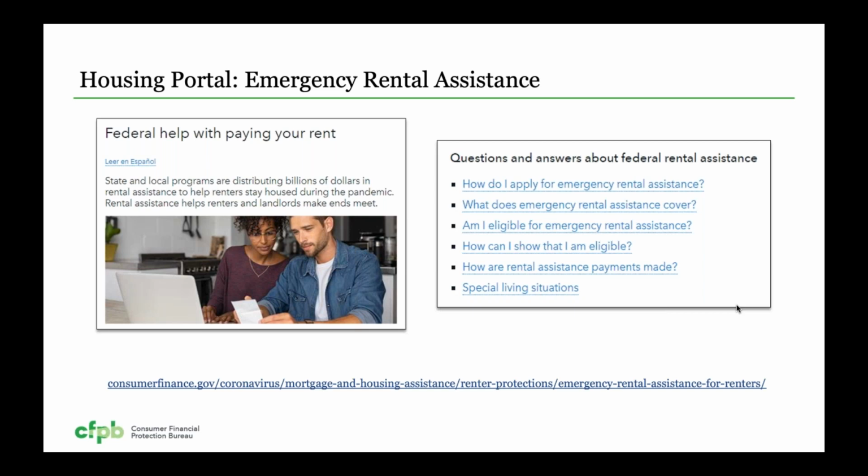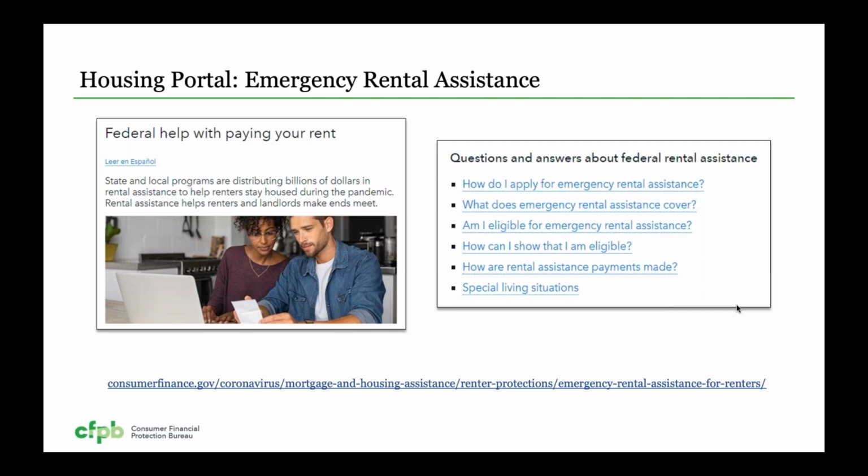So we have information on our site that is trying to provide some clarity around that, letting people know how they are going to apply, what the actual process is, what it covers, whether or not they're eligible and what those different factors are. Then special living situations.